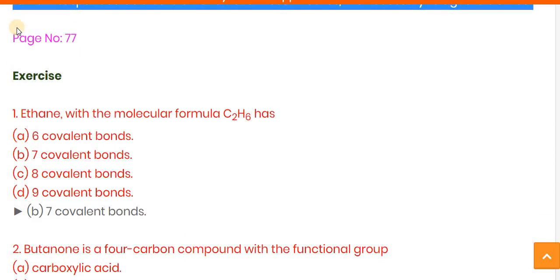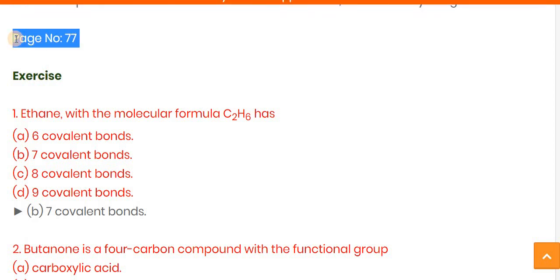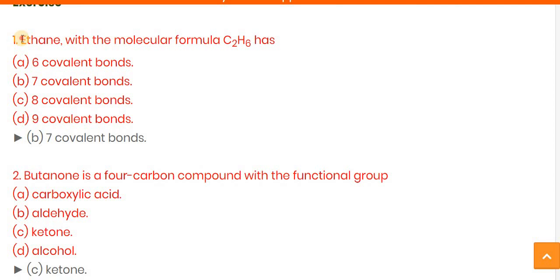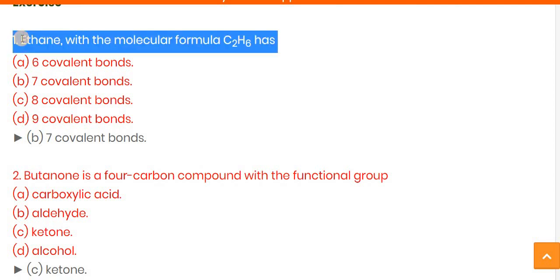Now let's move further. Page number 77, exercise. The first question is: ethane, with molecular formula C2H6, has... Here you can see the spelling is ANE, which means only single covalent bonds are present between the carbon atoms. Here we have to find out the total number of covalent bonds.